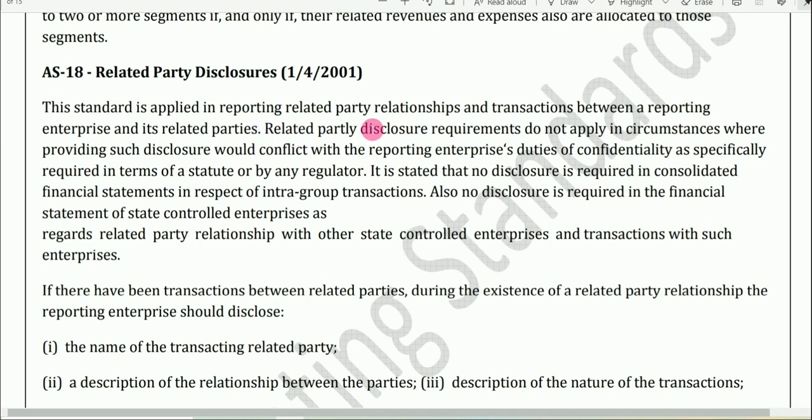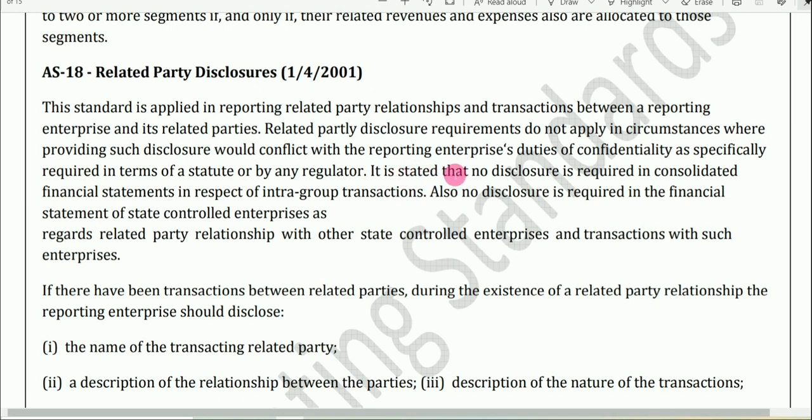Related party disclosure requirements do not apply in circumstances where providing such disclosure would conflict with the reporting enterprise's duties of confidentiality as specifically required in terms of statute or by any regulator.